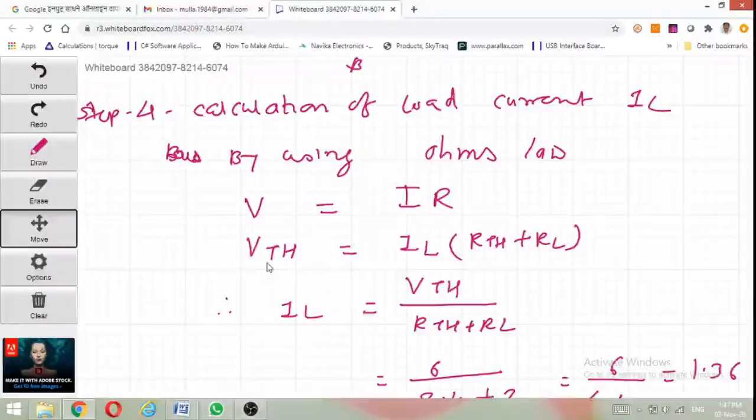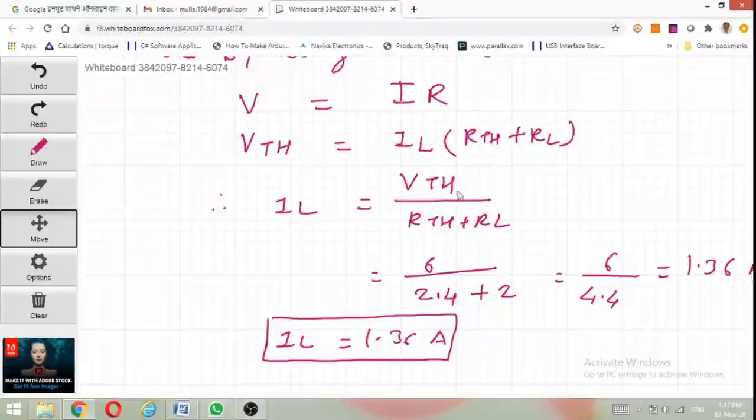Here V is VTH, I is IL, and R is the total resistance RTH plus RL, so IL is equal to VTH divided by RTH plus RL. Then by substituting values, VTH 6 volt, RTH 2.4 ohm plus 2, the final calculated value of IL is 1.36 ampere. Okay, we will stop here and see the next example in the next lecture.